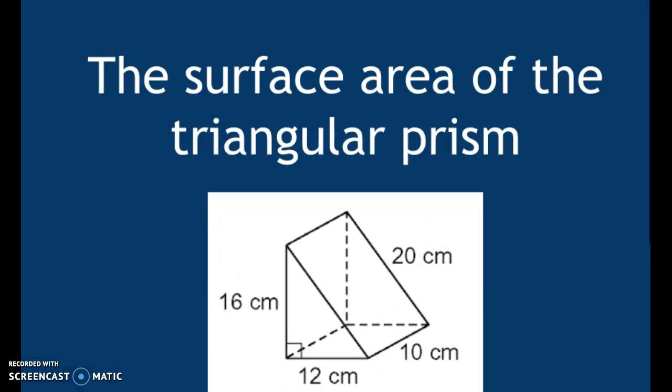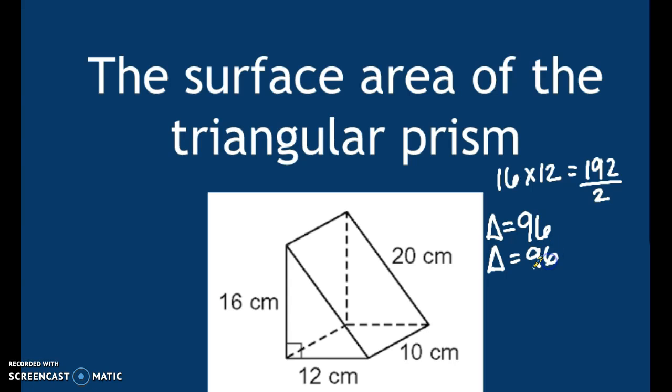The surface area of the triangular prism, the triangle is 16 times 12, which is 192, divided by 2. So each triangle equals 96, because that's the same dimension for the front triangle and the back triangle. The bottom rectangle is 12 times 10, which is 120.